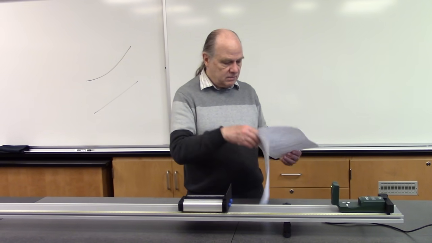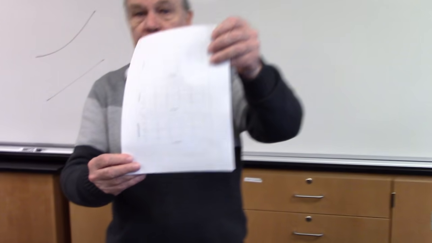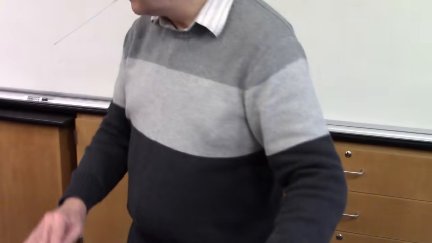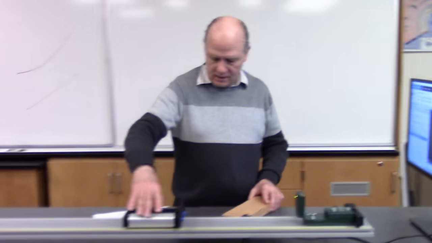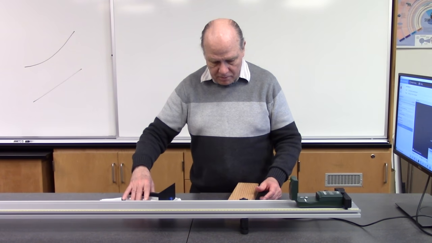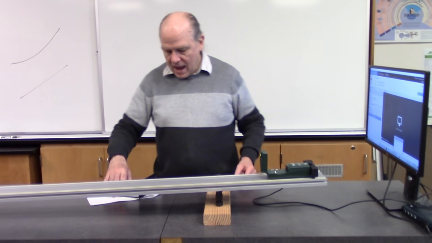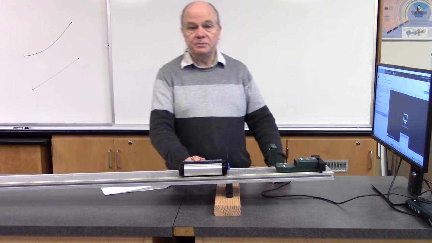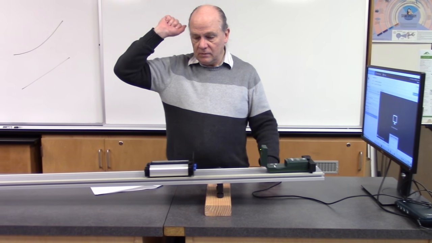All right. So the first thing here is a prediction. For activity 1, I'm going to put a board here and put my cart about there, and then I'll let go of my cart.